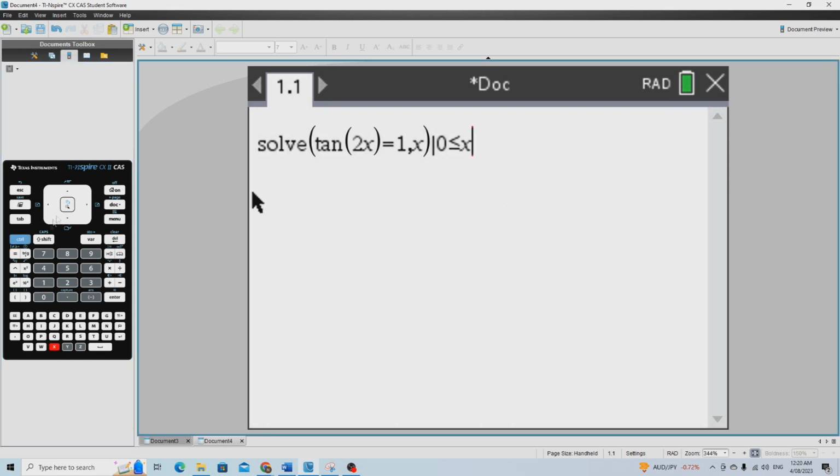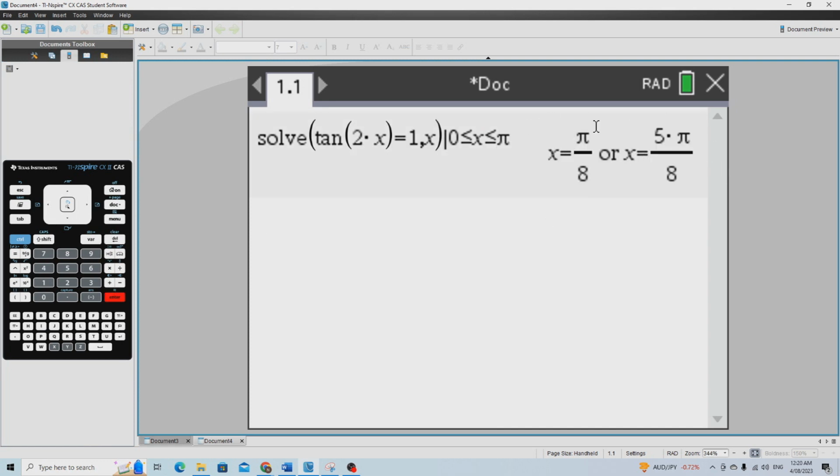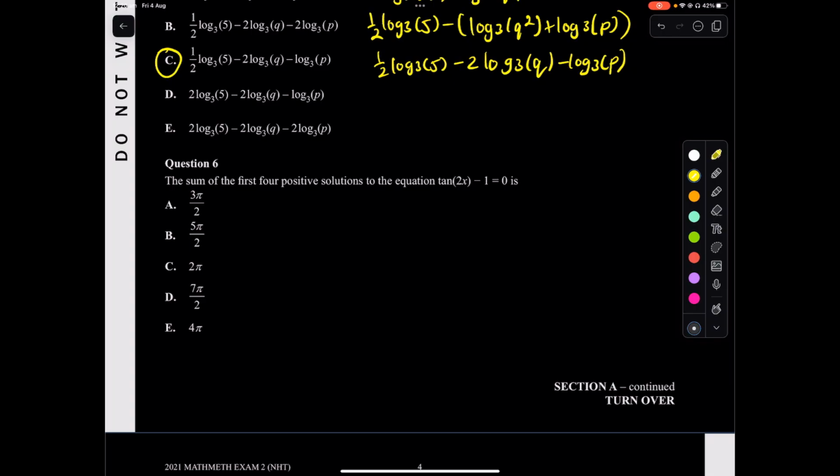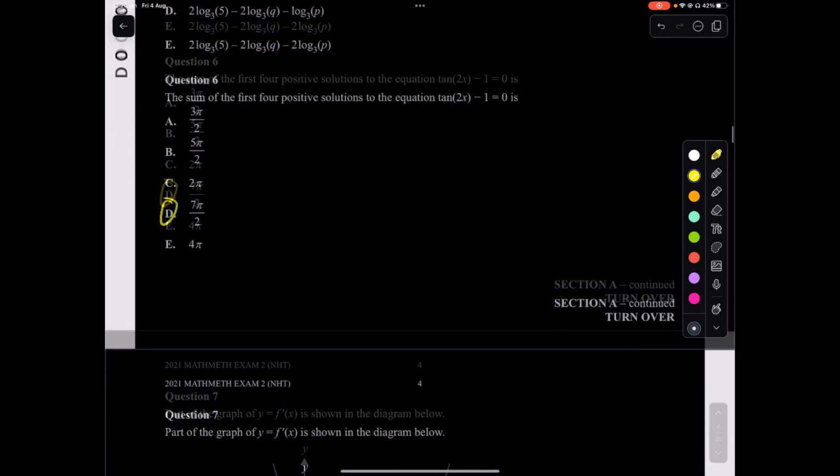Let's just say from 0 to pi. Okay, we get 2 solutions, but we want 4 positive solutions, so it should be 2 pi here. If we add these all together, 7 pi over 2. So that's D as your answer.